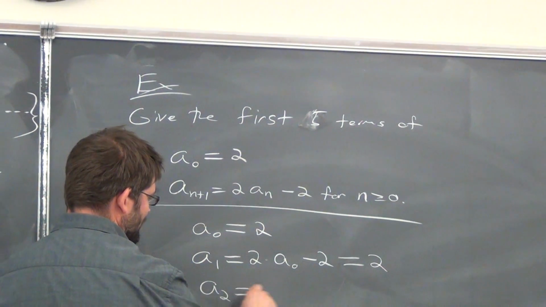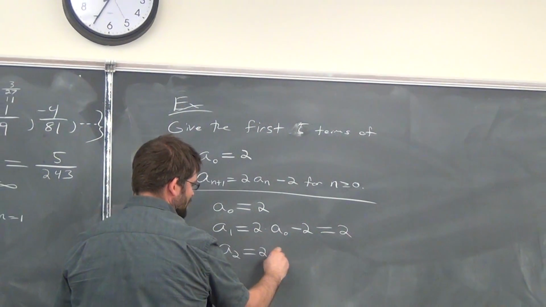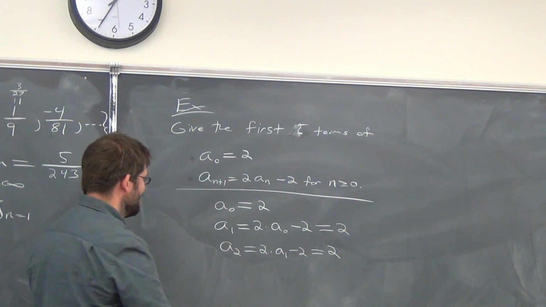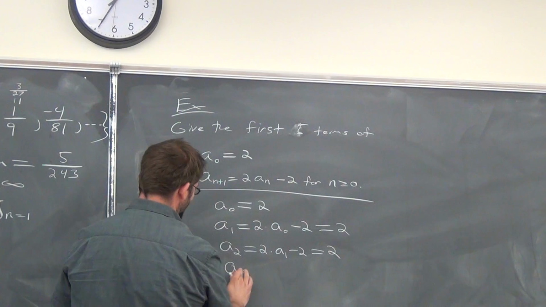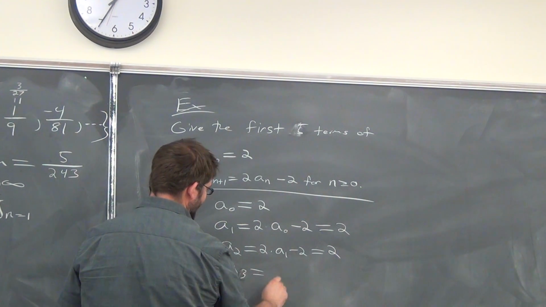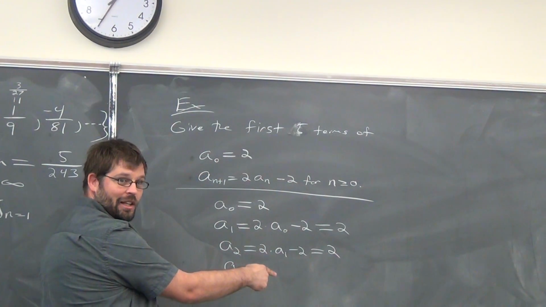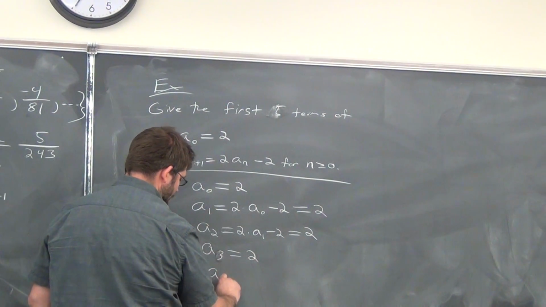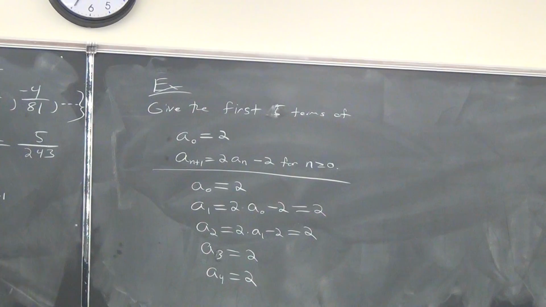What's a sub 2? It's 2 times a sub 1 minus 2, which turns out to be 2, right? So this is a very complicated way to define the sequence that you can just see, right? Each time we're just going to plug 2 back in, and so we're just going to keep getting 2. Does that make sense?